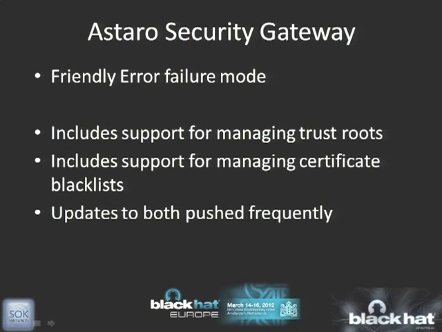This device performs many other functions, so it's got a built-in updating mechanism to get AV updates and things like that. So they leverage that to update trust routes and update certificate lists. So it's a little bit different than the Cisco IronPort, where you have to install a patch, a hotfix, to change your trust routes. In this case, they're changed pretty rapidly. So that's an interesting approach that I wanted to highlight.